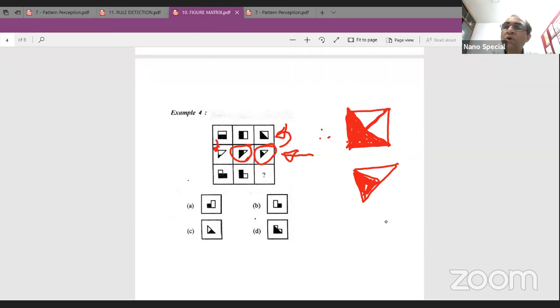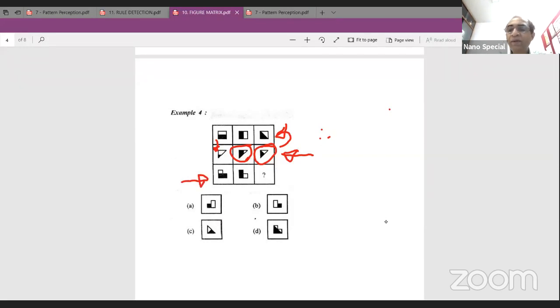All right, so you are getting the second row by cutting across some axis from the first row. Similarly, what is happening in the third row? He is also cutting like this. Just look at the third row.